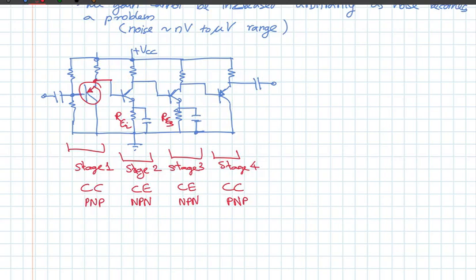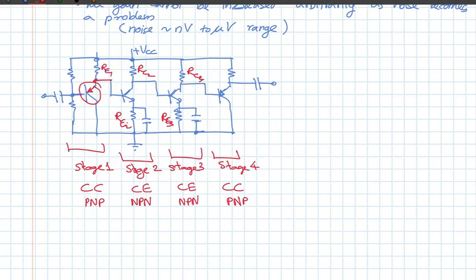So therefore RC2 divided by RE2 will roughly be the DC gain, whereas now I have the capacitor bypass for each of these stages. So the AC gain will be high, though the DC gain is low. So second stage and the third stage will have that feature, right?